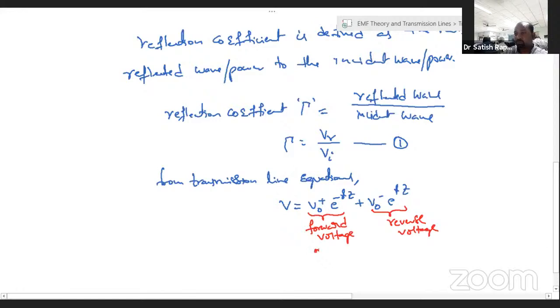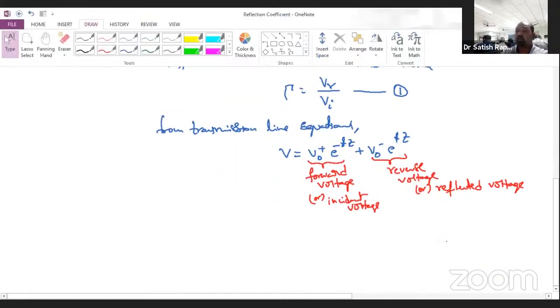In other words, forward voltage or incident voltage, and reverse voltage or reflected voltage, right?